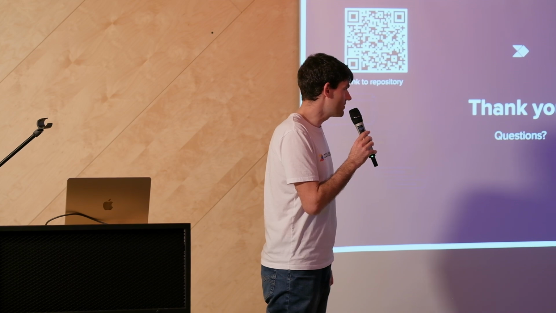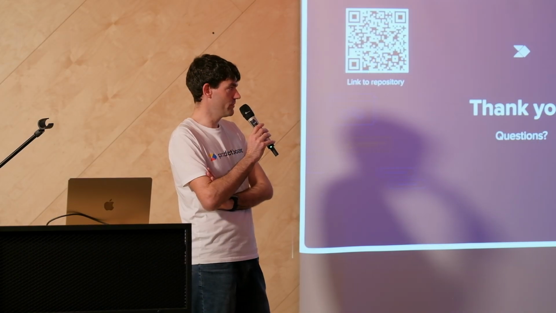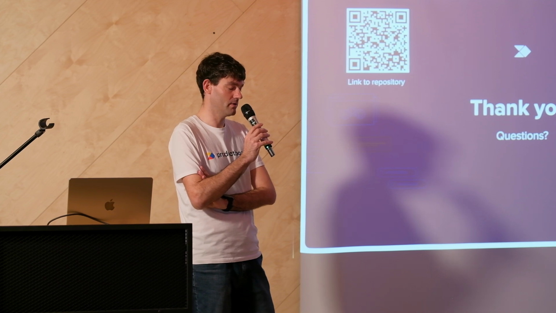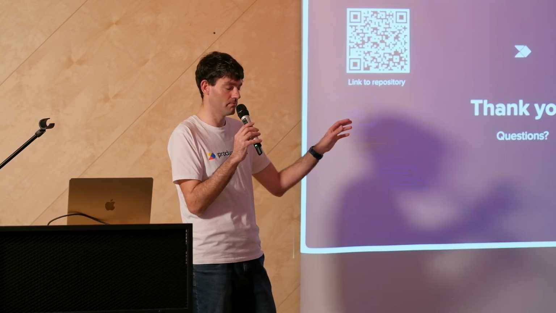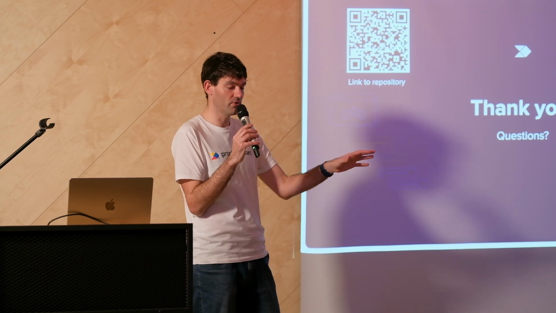What would you consider as a turning point for using microservices architecture instead of Modulith? We are still using microservices architecture for part of our platform because we have different parts of the platform.